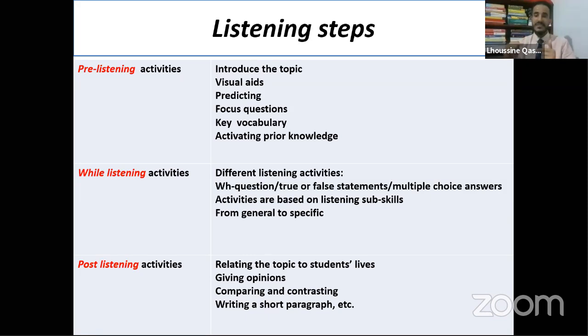The second activity is listen to the tape and check the right answer. Yeah, it's difficult because the first listening must be based on a recognition task. Listen and check. Listen and write T or F, that's it. The second one is difficult. Listen and write. Listen and answer the WH questions.